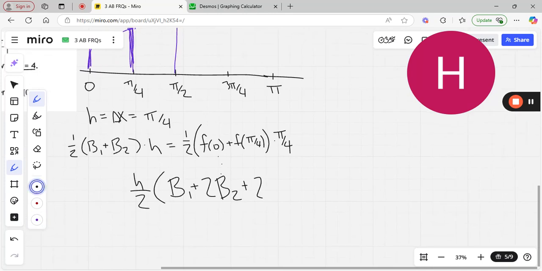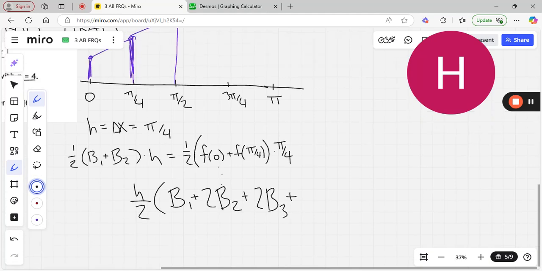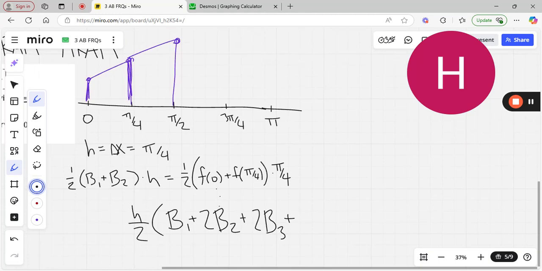Then we have 2 base 3, and so on. We have 2 copies for each of them except for when we get to the very end. So we're only going to have 1 base 5, just like we only had 1 base 1.